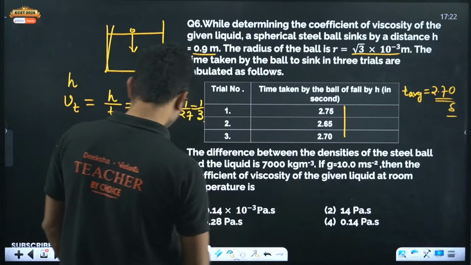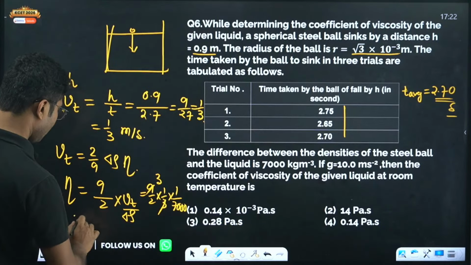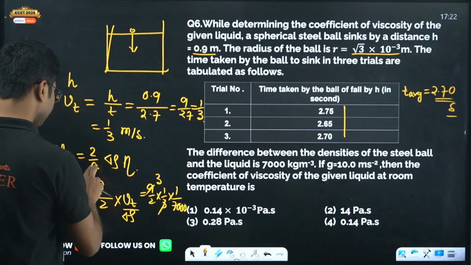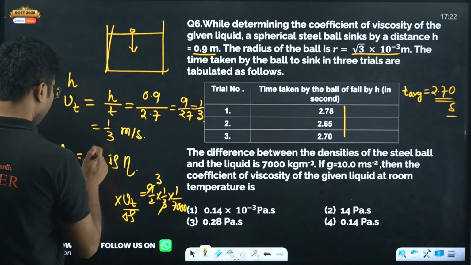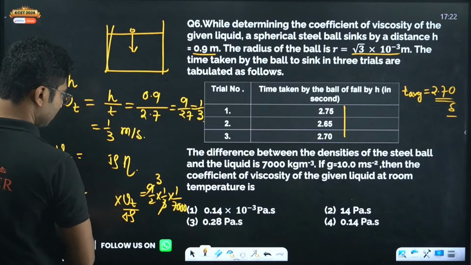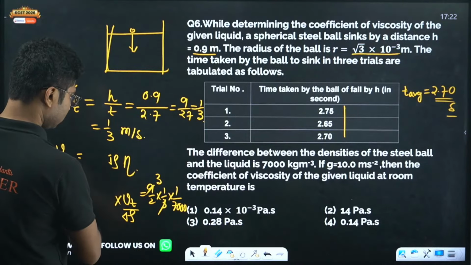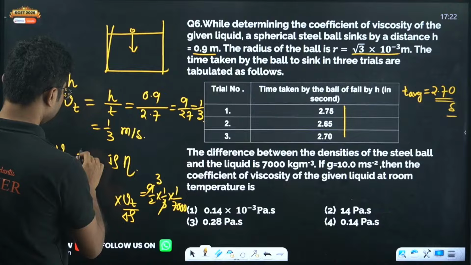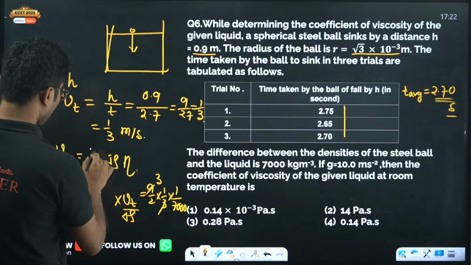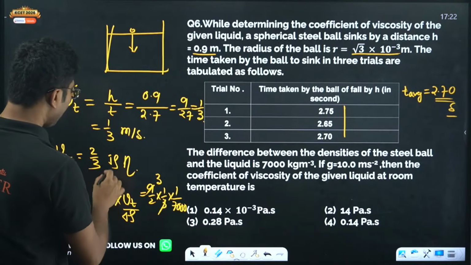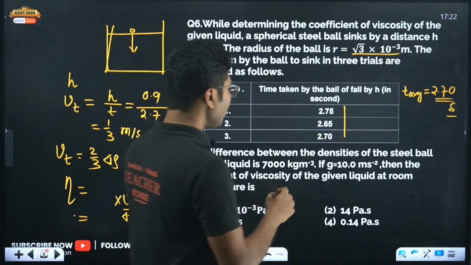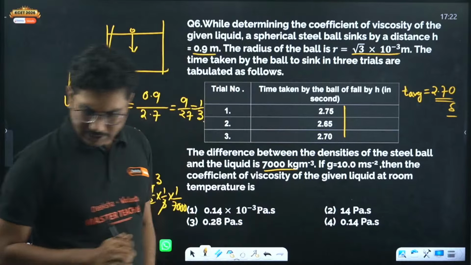So it will be 3 divided by... no, sorry, this is not 9. This is 2 by 3. 2 by 3 difference in rho of solid minus rho of liquid, which is obviously given in this case.